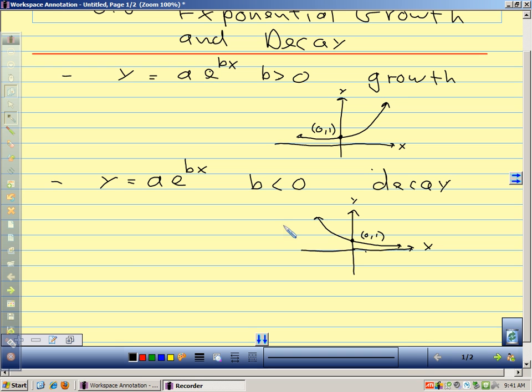As you buy your car and it loses value, that's usually an exponential decay model. And radioactivity is also an exponential model. So those are some of the things that we're going to model with these equations. We're going to go through some examples of how we solve these equations for problems having to do with growth and decay.